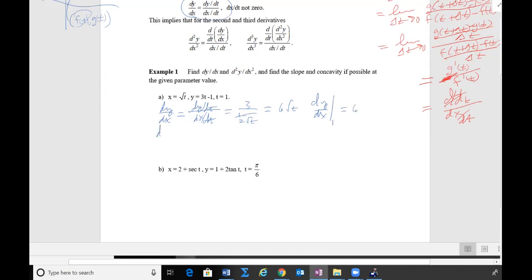Okay, second derivative. As you can see from the definition of the first derivative, we really just need to find the derivative of y with respect to t and then divide it by dx dt. So if we're finding the derivative of a derivative, then we want to find the derivative of the y, which in this case is a derivative itself, dy dx.